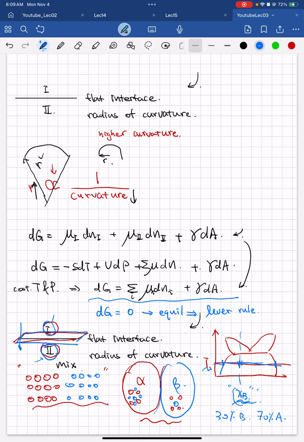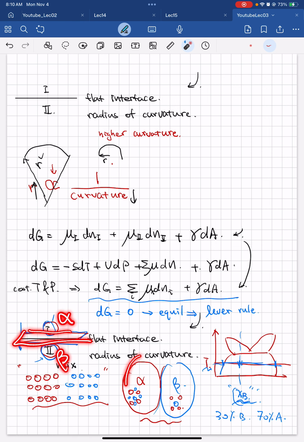So if the amount of 1 is increasing, they mix, they form. So you mixed some B, the amount of alpha phase changes. Let's say this is alpha phase, this is beta phase in this picture.